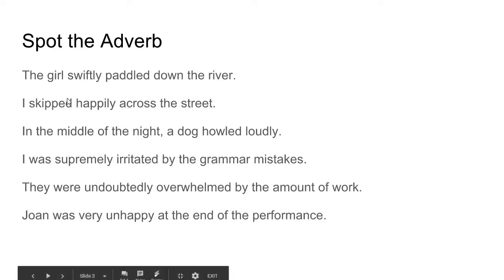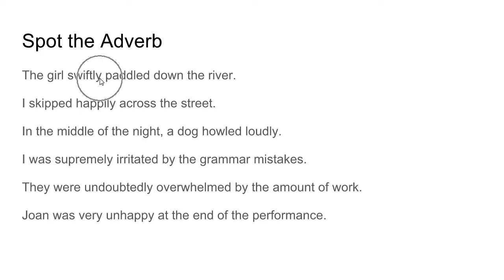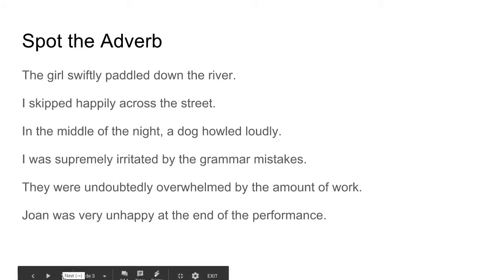Now, if you look at the first 1, 2, 3, 4, 5, if you look at those 5, you'll notice something on each and every one of them. There's an ly at the end of most adverbs. It's a really easy clue. When you see a word that ends in ly, 95% of the time, it's going to be an adverb. So keep that in mind. You might want to write that down in your notes, that most adverbs end in ly.